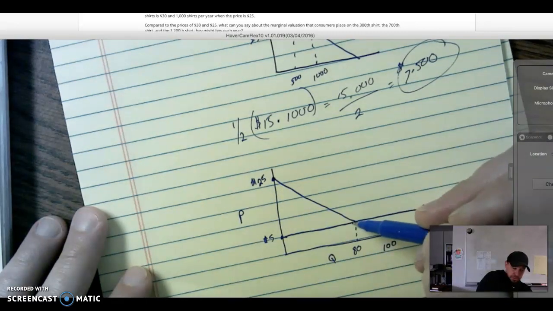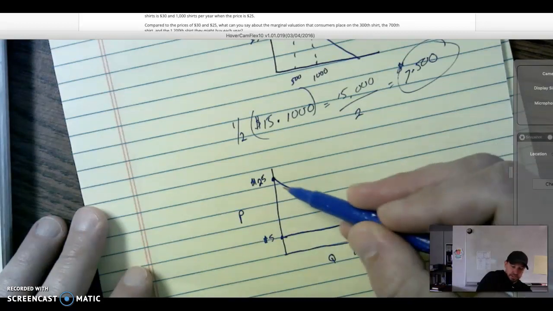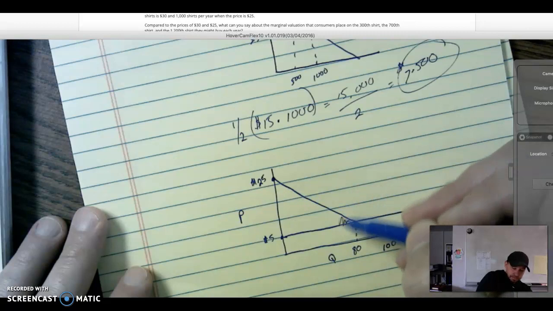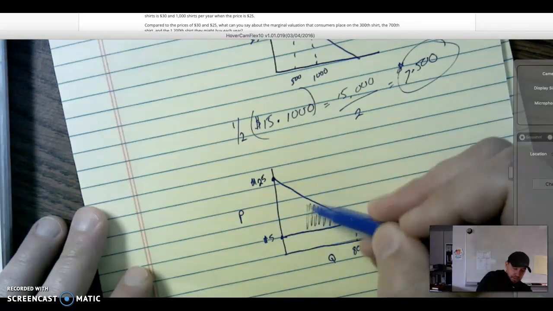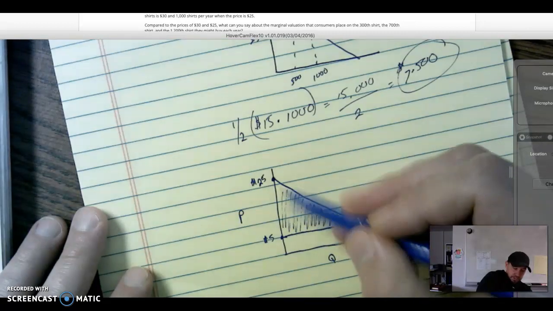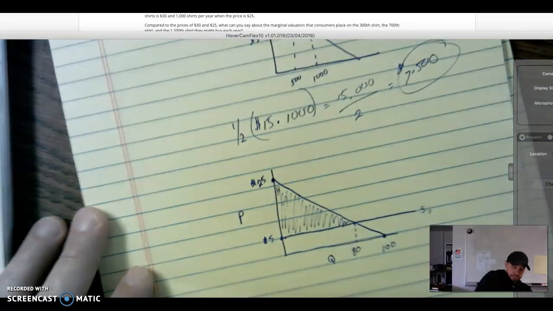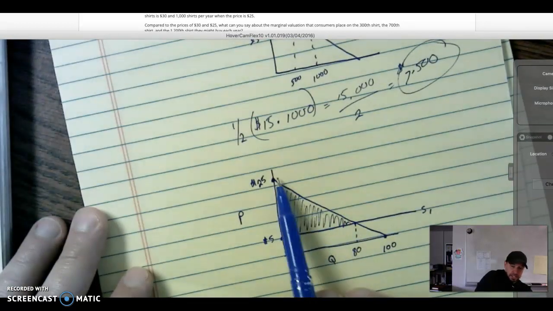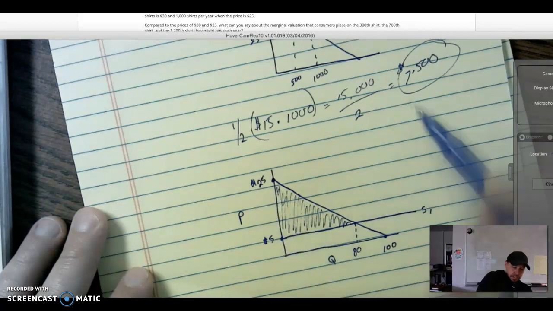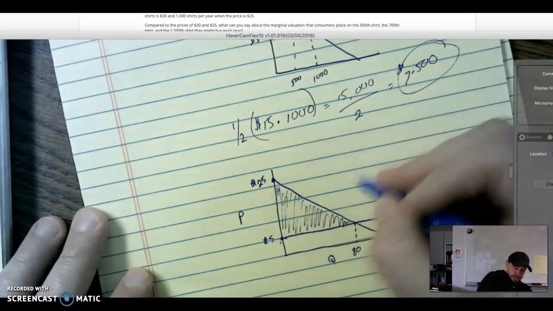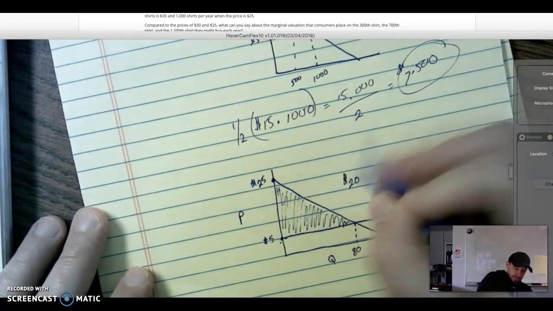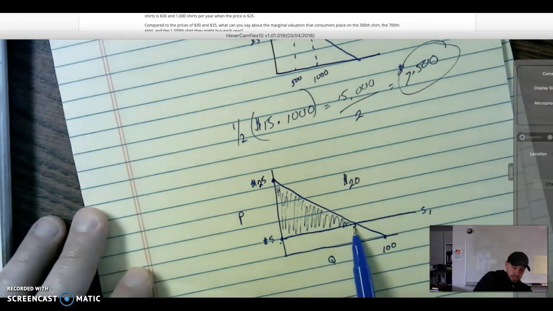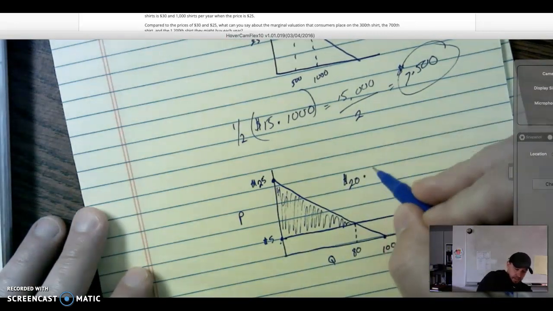So our consumer surplus is everything that's above price, which is 5, and below the demand curve, which is our marginal valuation. So our consumer surplus is this area that's above price, below the demand curve. So to figure that out, the difference between 5 and 25 is $20. And our quantity is 80.